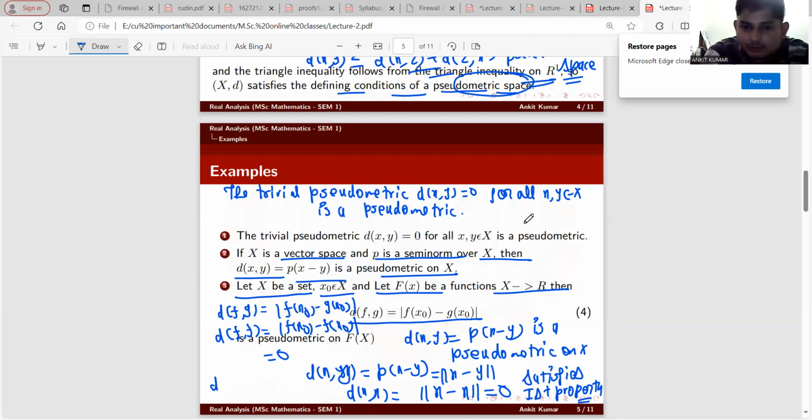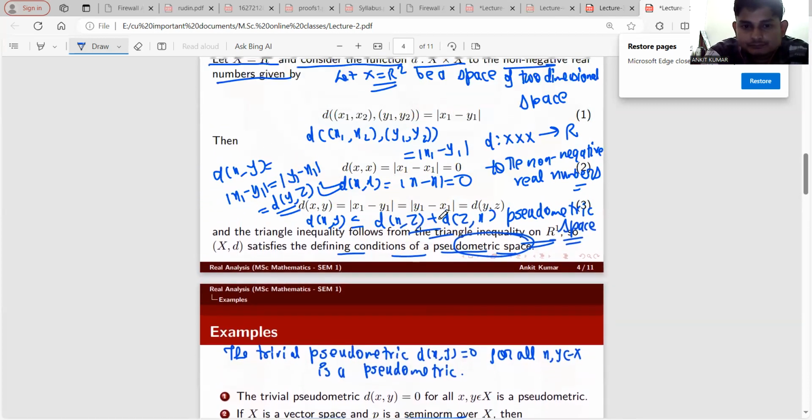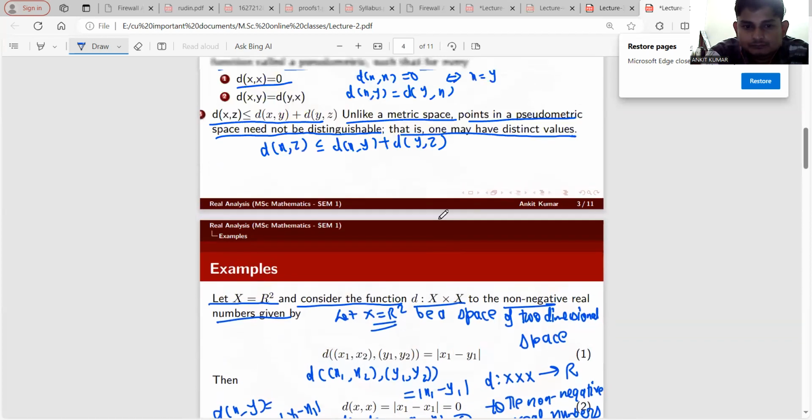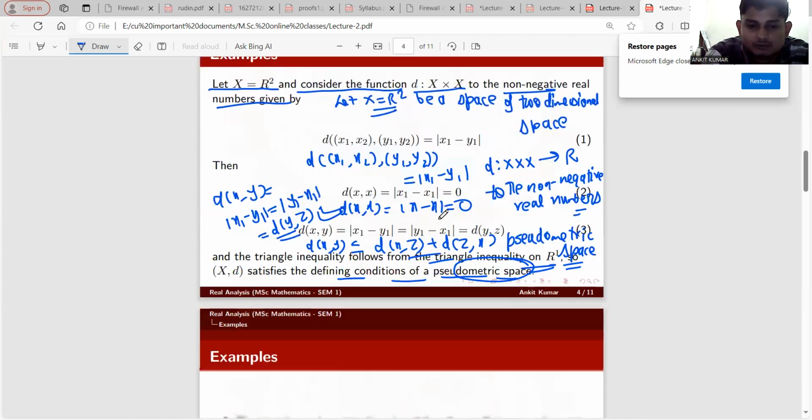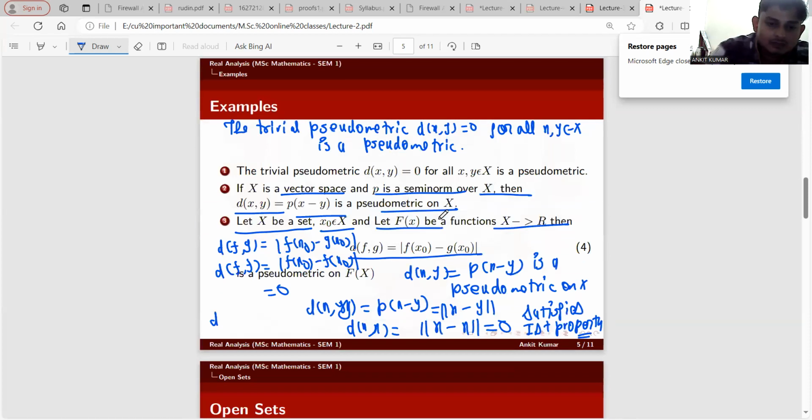And what is the second property? d of x comma y is equal to d of y comma x. So d of g comma f is equal to mod of g(x naught) minus f(x naught), which is equal to mod of f(x naught) minus g(x naught).